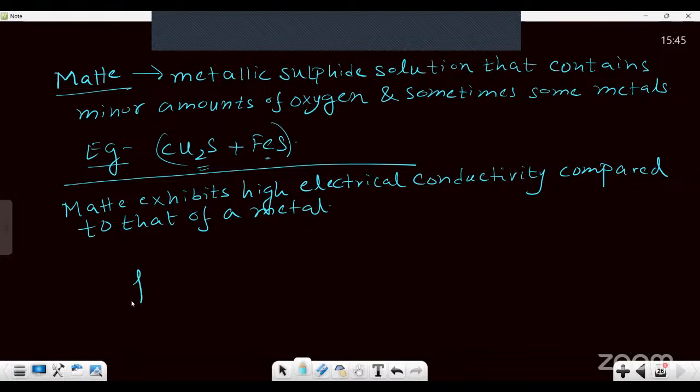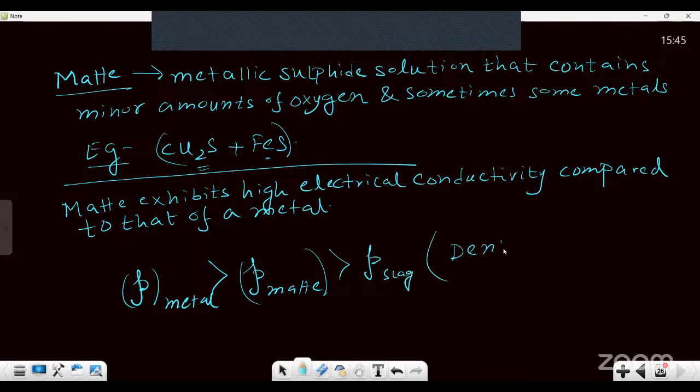Another thing is the density. The density of the metal is going to be more compared to the density of the matte, and the density of the matte is going to be more compared to the density of the slag. So there are going to be three distinct layers.